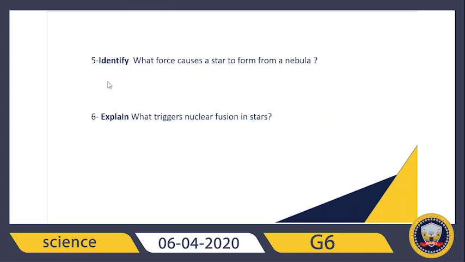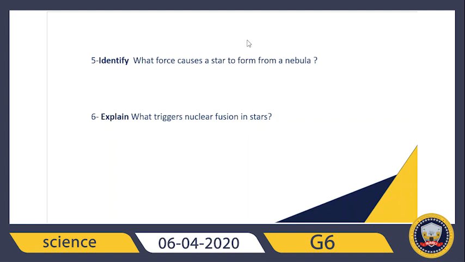So dear students, here we have 2 questions from the lesson review. Question number 5 says, what force causes a star to form from a nebula? As we said, stars form from a loose area of dust and gases. This area is called a nebula, and this loose nebula is the place where the dense stars will form.